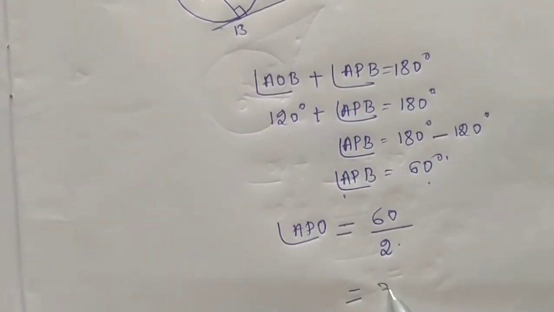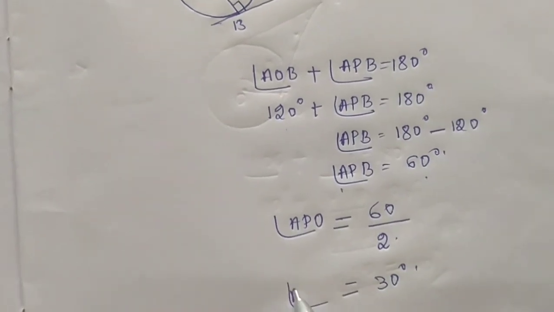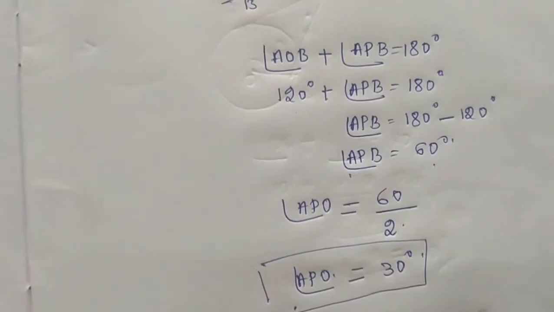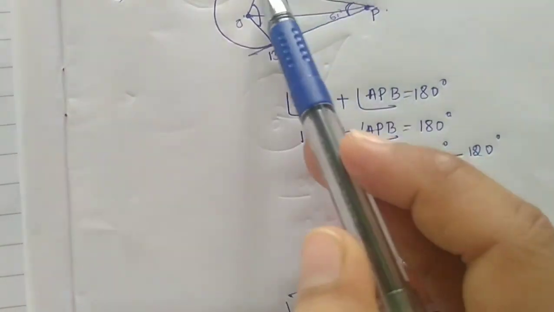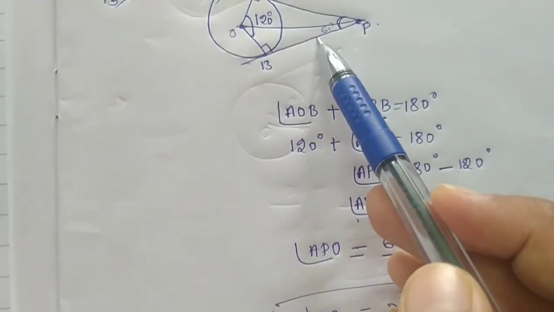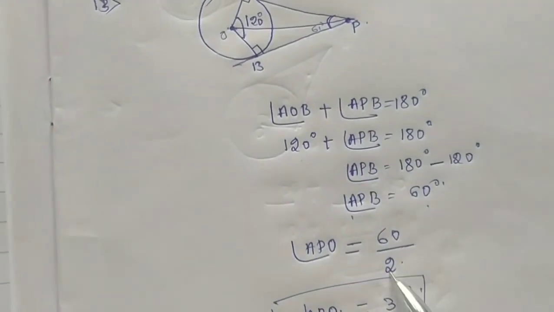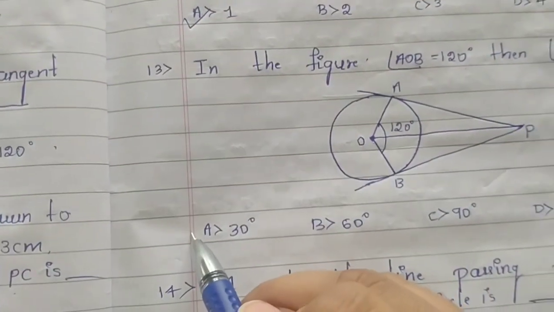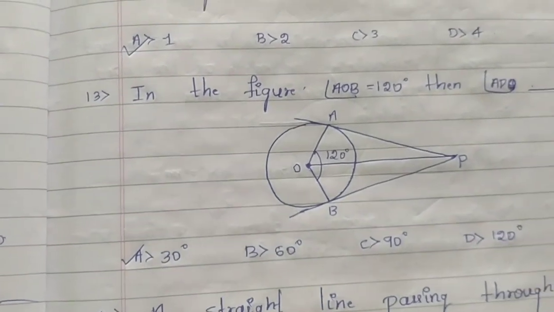So this will be equal to 30 degree. Therefore, the angle APO is nothing but 30 degree, because this OP is bisecting this angle into two equal angles, isn't it? So for that sake, 60 divided by 2 I have done over here. The value of angle APO is 30 degree. For that sake, the correct answer is here option A.